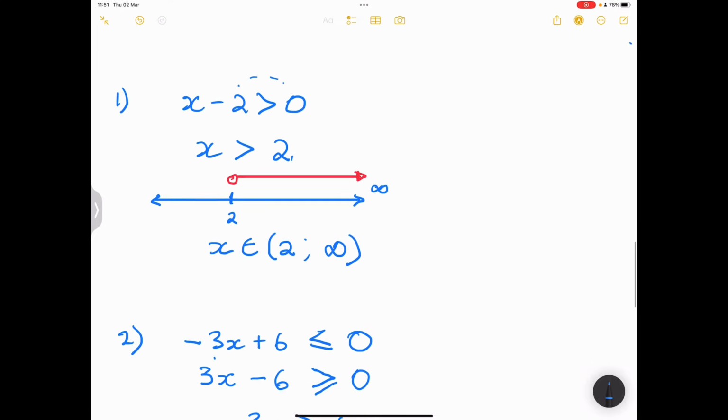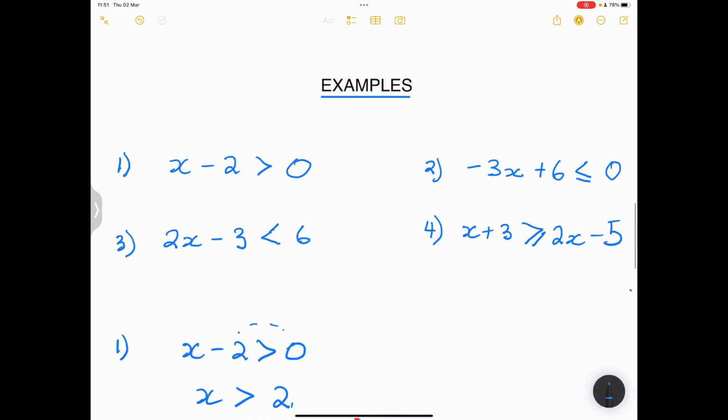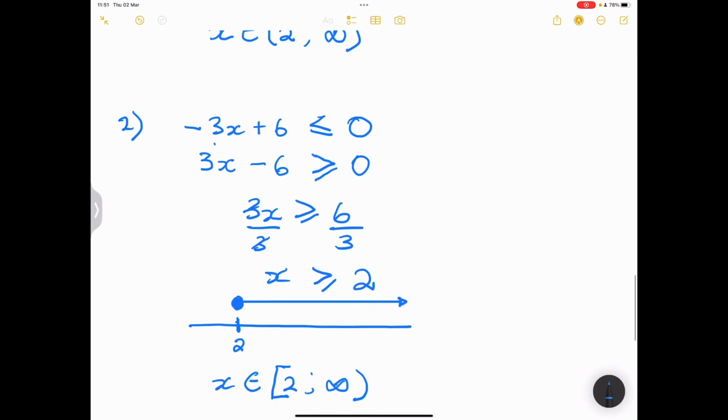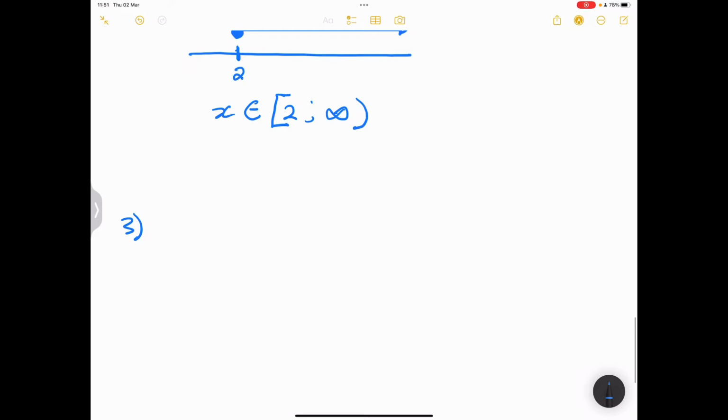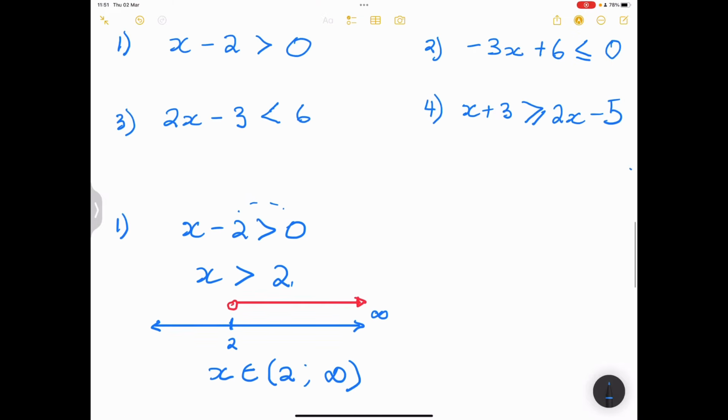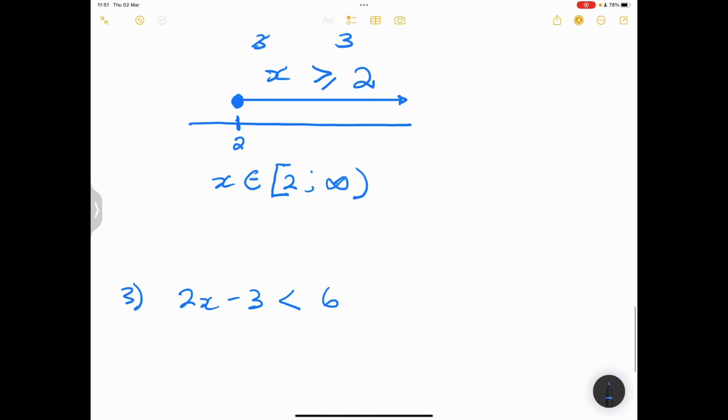Number 3, we've got 2x minus 3, which is less than 6. Okay, so we're going to do the very same thing again. Just to verify that we've got the right thing. Yes, we do.